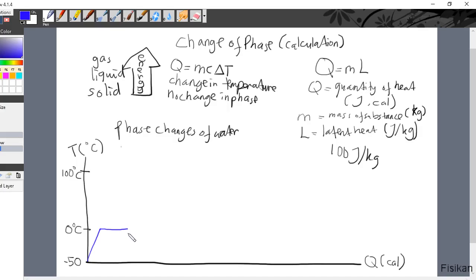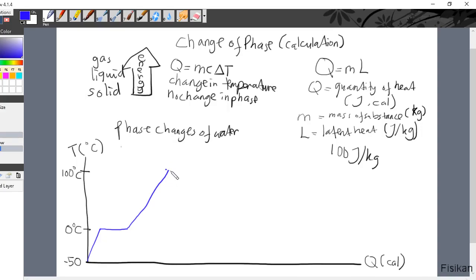And if you give more energy to the water, it will increase in temperature until this point, 100 Celsius degree, which is the beginning of changing the phase from liquid to gas.